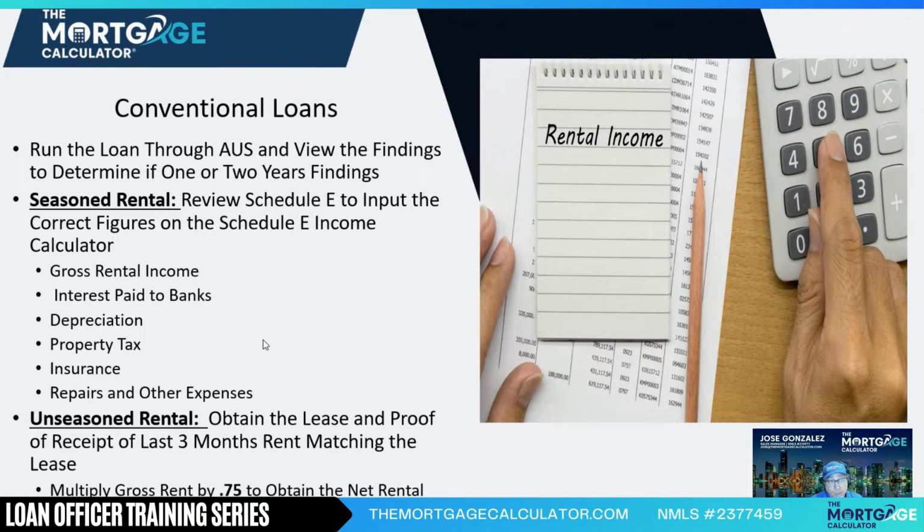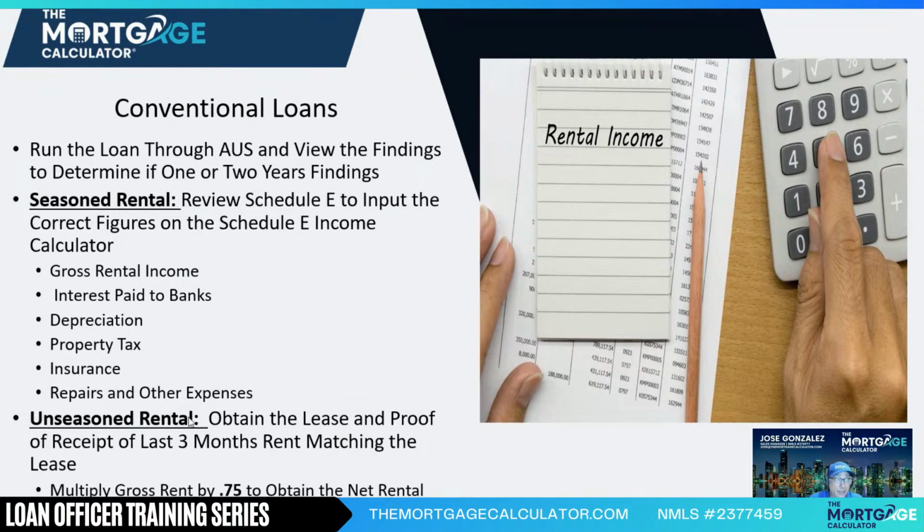So you're going to obtain the lease for this property, and you're going to obtain also proof of receipt of the last 3 months of rent matching the lease. And you're going to multiply the gross rent by 0.75 to obtain the net rental income. So there's a 25% expense factor taken into consideration for the unseasoned rentals.